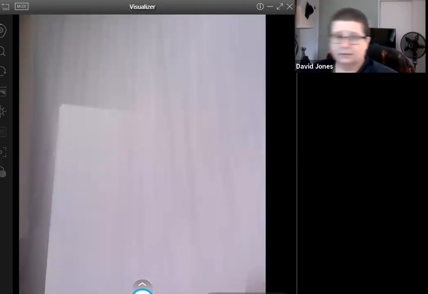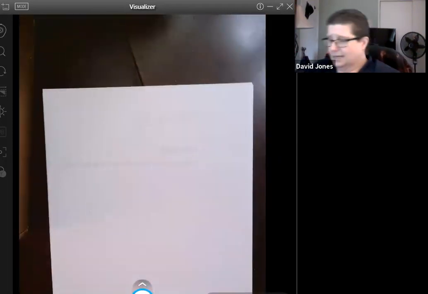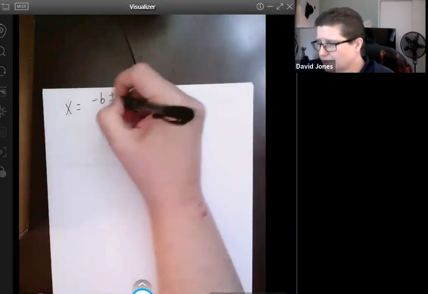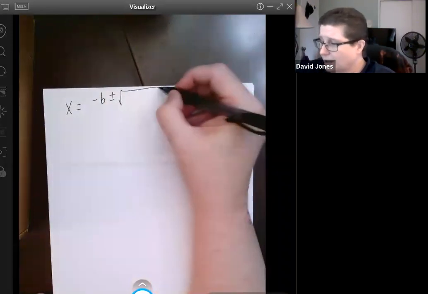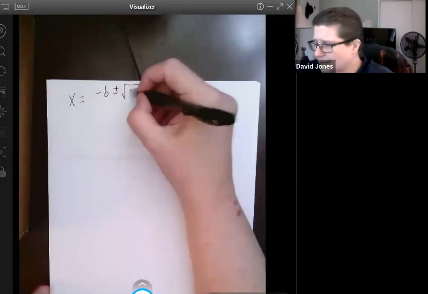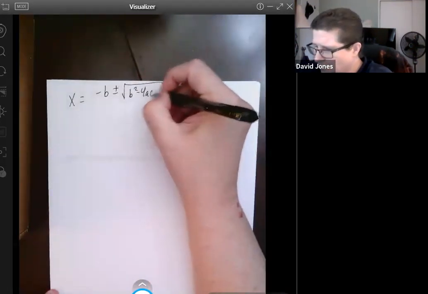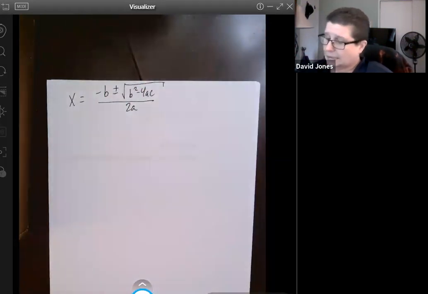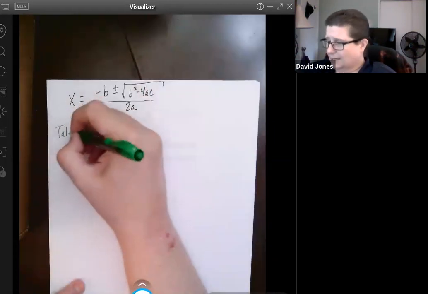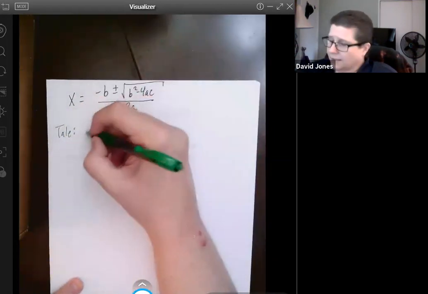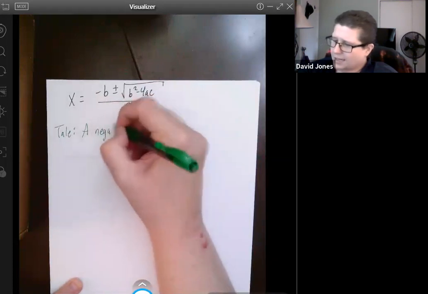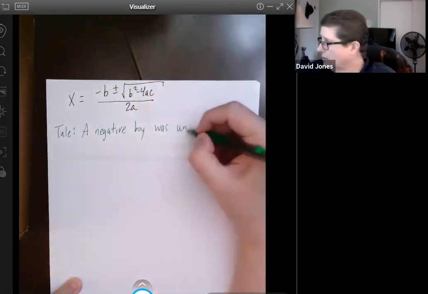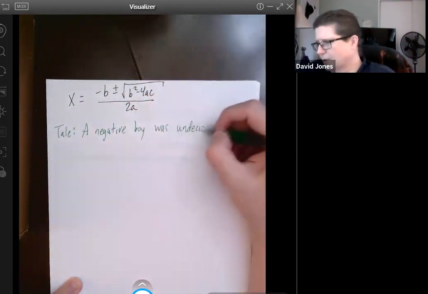So I've got x equals negative b plus or minus the square root of b squared minus 4ac all over 2a. So here's your story, or tale. A negative boy was undecided about going to a radical party.